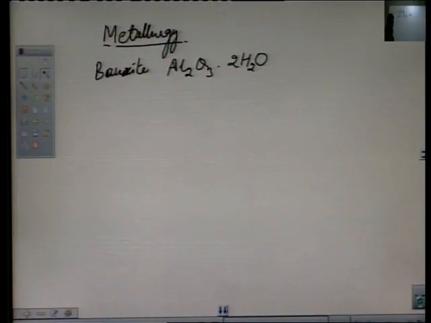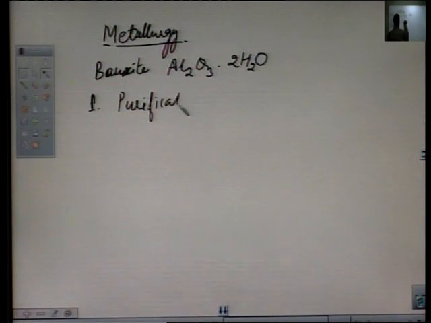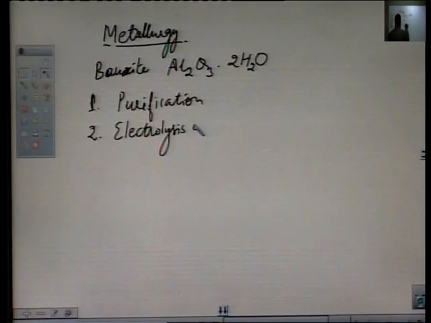So, first of all, the purification of bauxite is done. The general method of metallurgy is purification of the ore, then electrolysis of alumina, and the third step is refining.